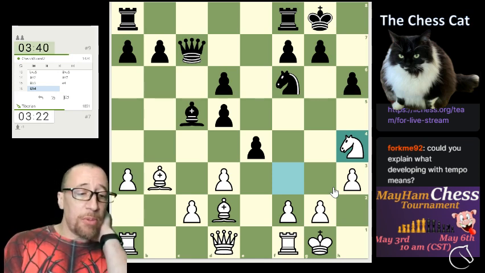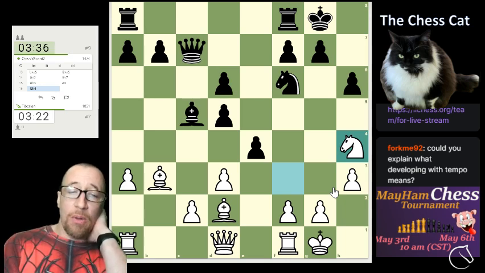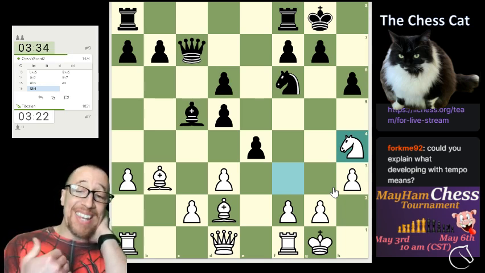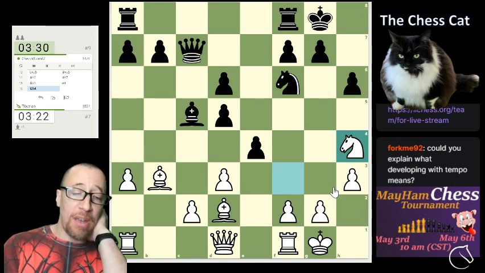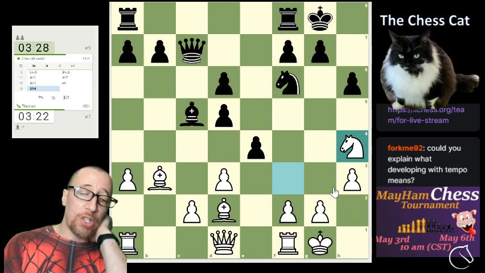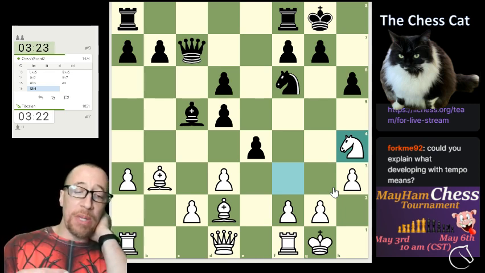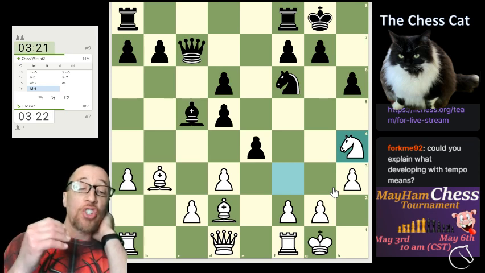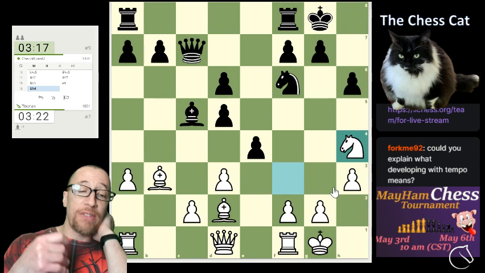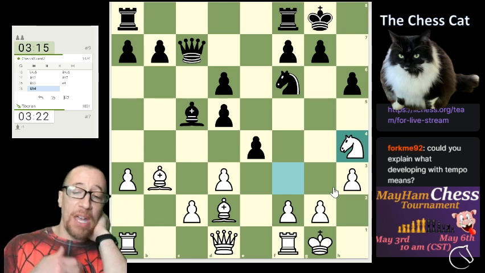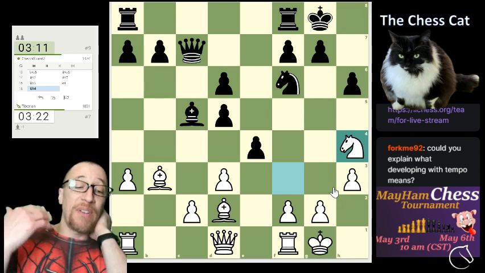What does developing with tempo mean? Hey, Fork, how you doing? Yes, totally can explain that. When you develop with an attack that your opponent then has to respond to, it's with tempo. One of the reasons we don't want you to bring your queen out early is because your opponent gets to develop a piece, usually while chasing your queen around the board, which means he's developing with tempo, gaining time because your queen has to move. So he developed, you move your queen, he gets to develop another piece.